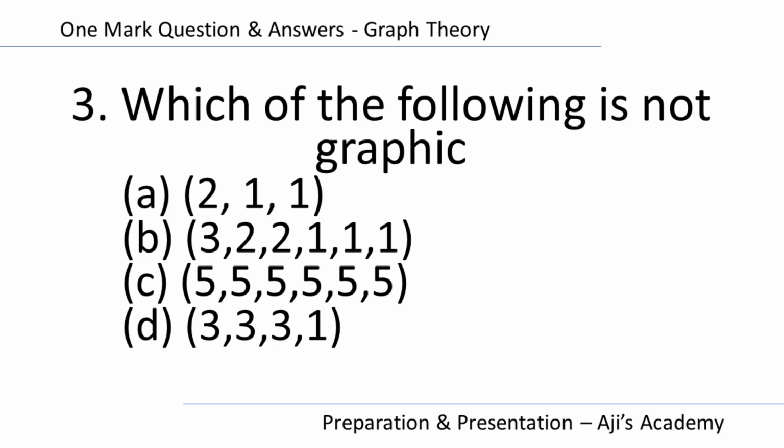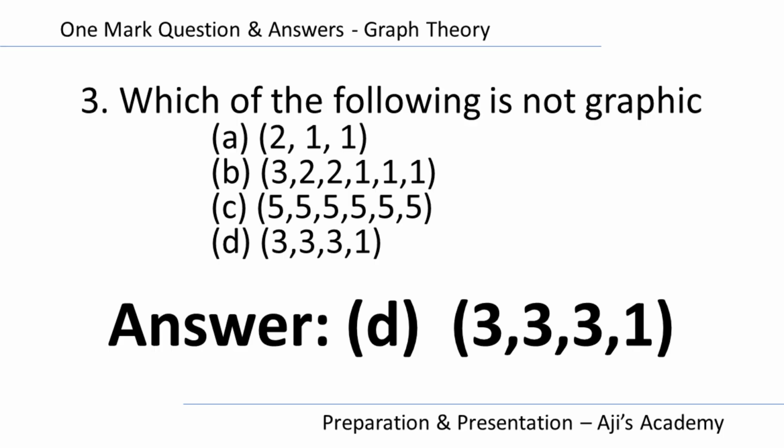Similarly, option B and option C are also graphic. So the not graphic option is D, that is 3, 3, 3, 1, because it has 4 vertices and the first 3 vertices have degree 3, that is the maximum degree, and therefore the fourth vertex cannot have degree 1. Correct? So option D is not graphic.